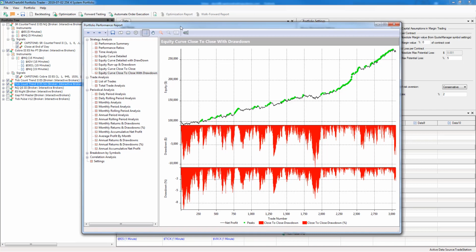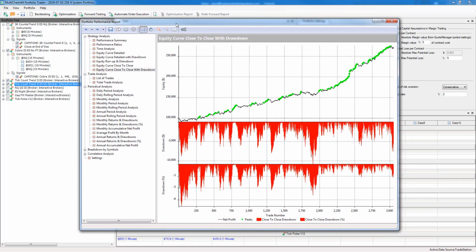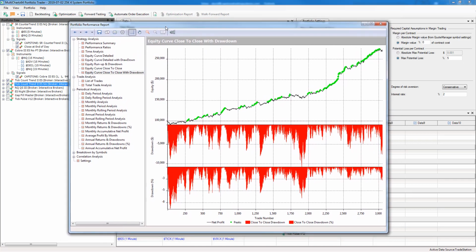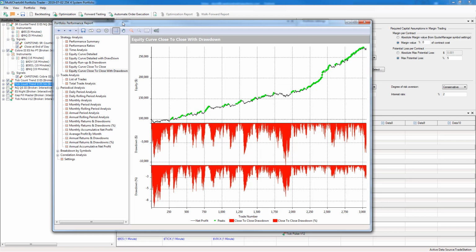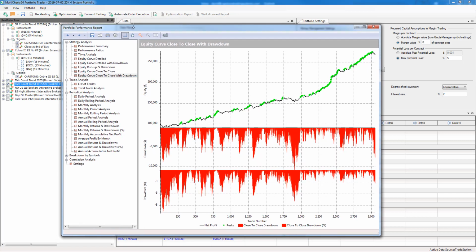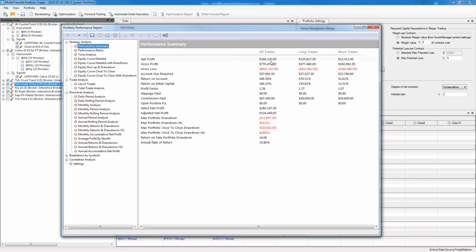But this is where we are on the 4-system portfolio. I'm going to go ahead and pause the video and run the latest on the stock index portfolio, so you can kind of compare it and see what the 4-system versus 30 systems.